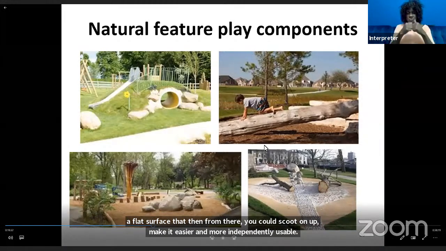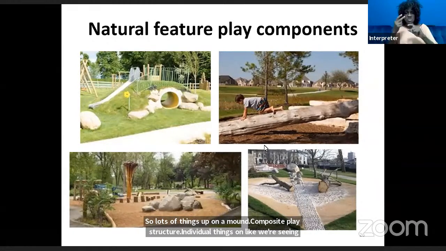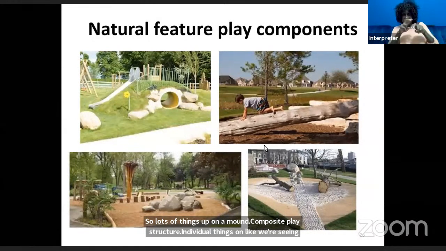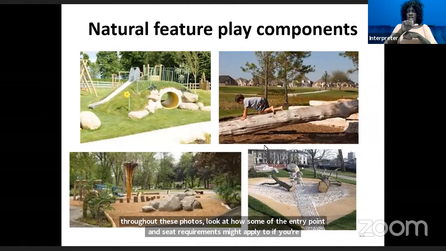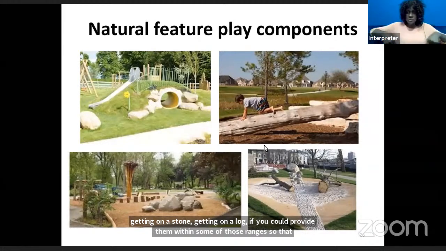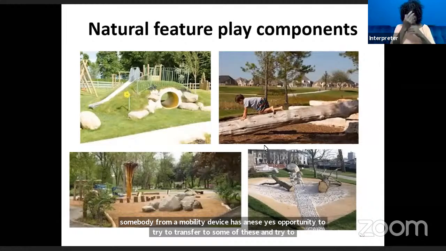Individual things, like we're seeing throughout these photos, look at how some of the entry point and seat requirements might apply if you're getting on a stone, getting on a log. If you could provide them within some of those ranges so that somebody from a mobility device has an easier opportunity to try to transfer to some of these and still utilize them in some form. Okay, that would be my advice in these types of areas.